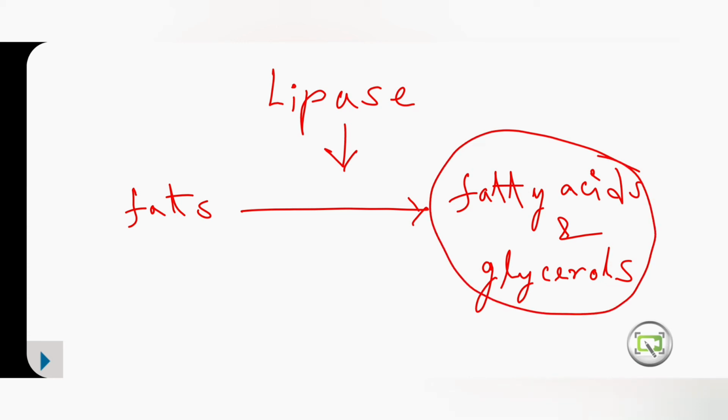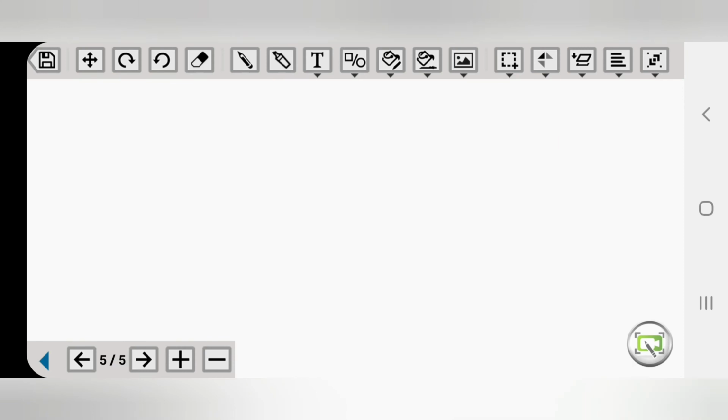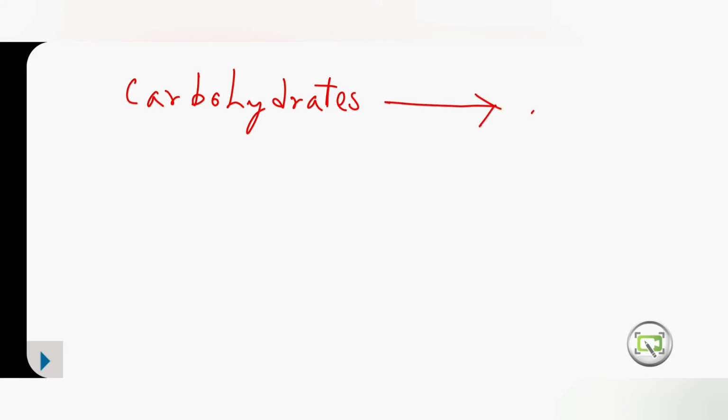So, by the completion of digestion in small intestine, we will find some end products. All the carbohydrates are converted into glucose.